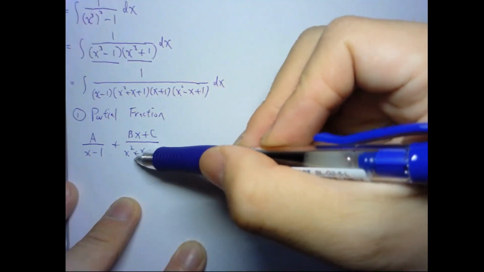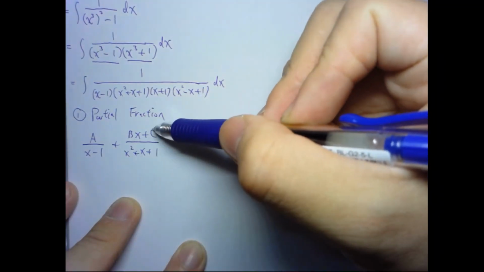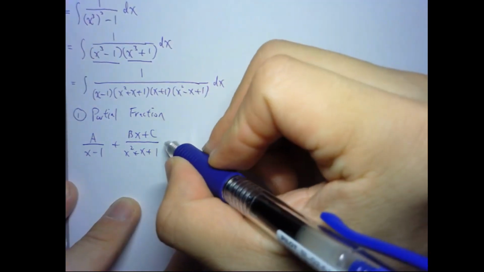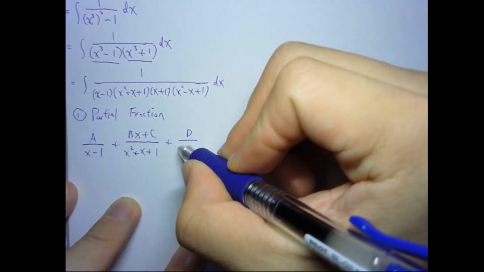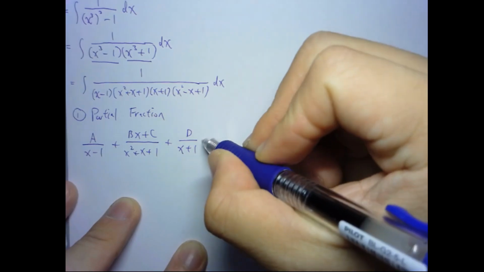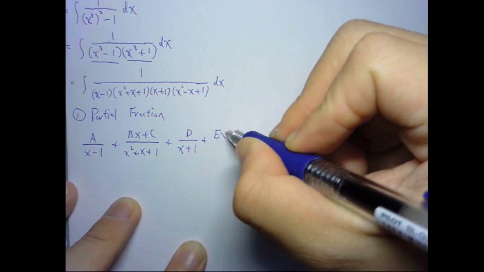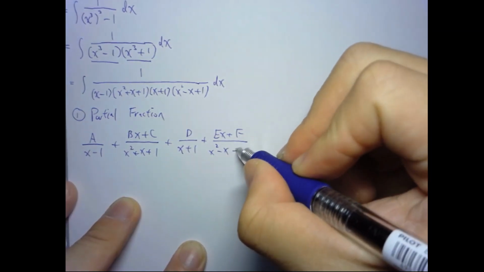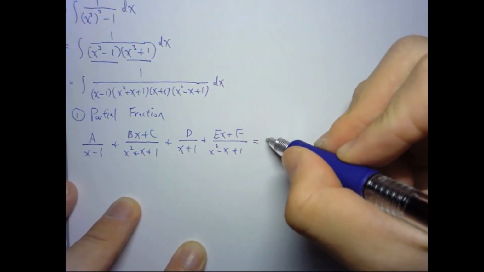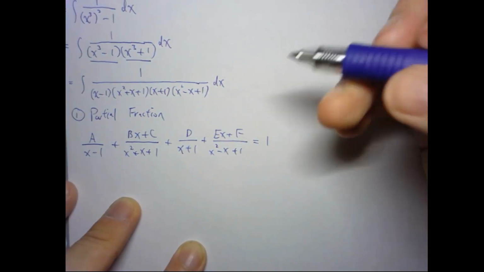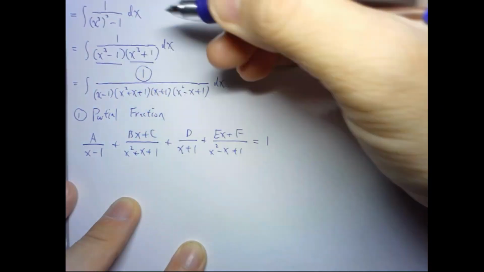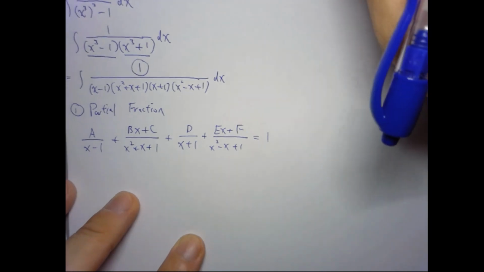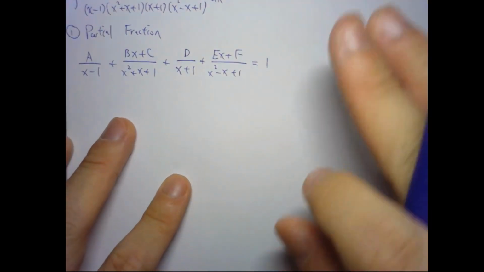Because the denominator is power of 2, we need to make a linear factor in the numerator, plus d over x plus 1 plus (ex plus f) over (x squared minus x plus 1). And the whole expression will be equal to 1 because the original numerator is 1. So we have 6 unknowns in this partial fraction.